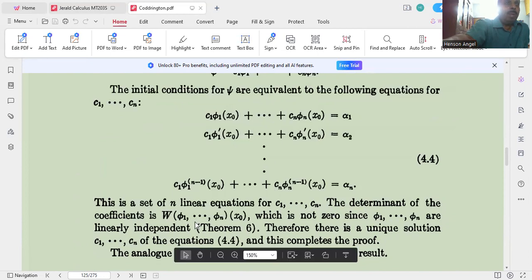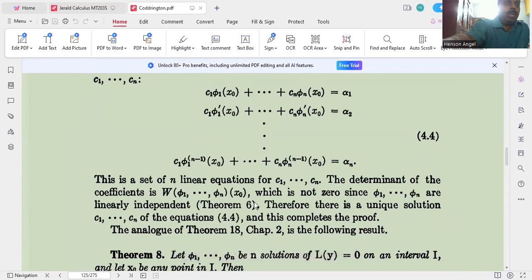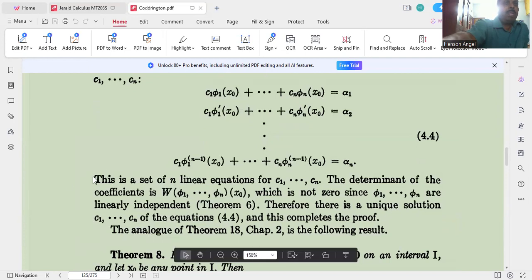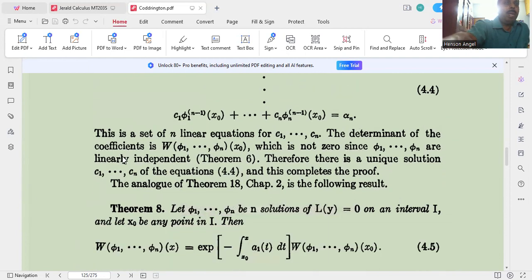The determinant of the coefficients is the Wronskian of x0, which is not 0 since phi 1, phi 2, ..., phi n are linearly independent. Therefore, there is a unique solution C1, C2, C3, ..., Cn of the equation. So this completes the proof. Next theorem.